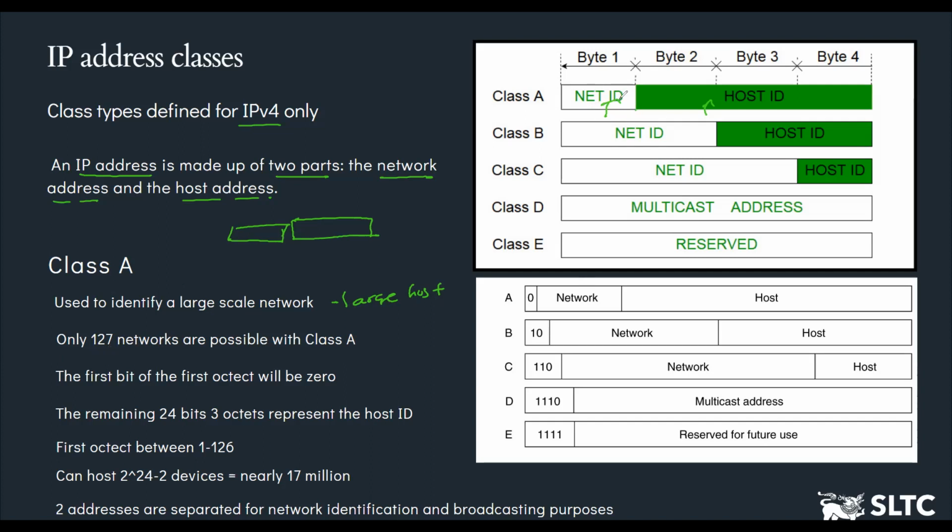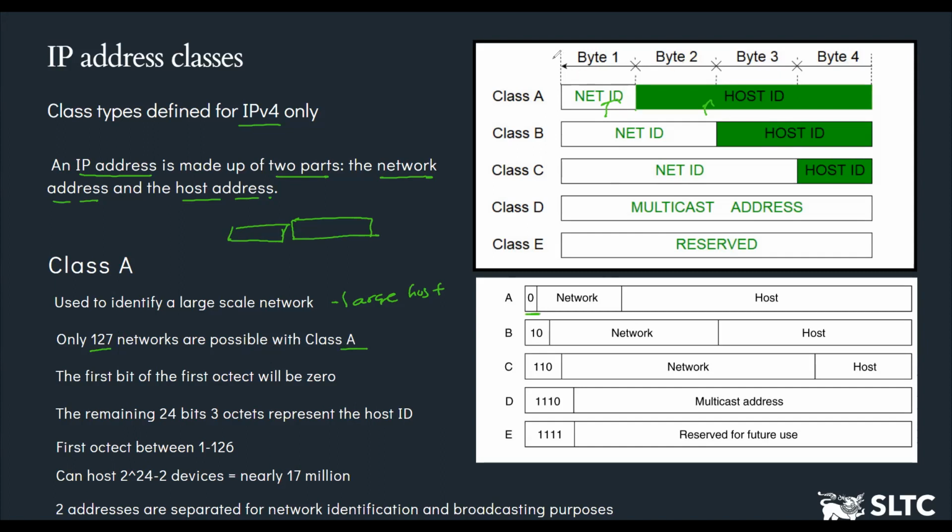In this scheme, the network address range is only allocated for the first byte of the IP address. Because of that, only in this first byte can you define the different networks that can be connected as IP address class A. So only 127 networks can be connected to class A, because class A addresses have a 0 at the beginning.